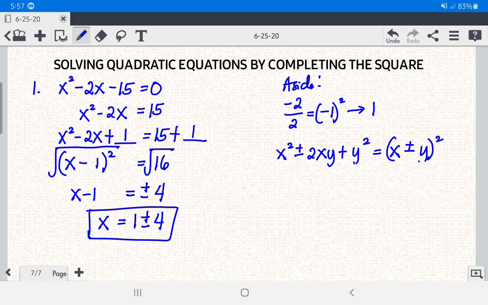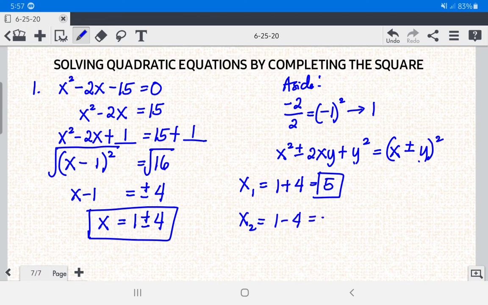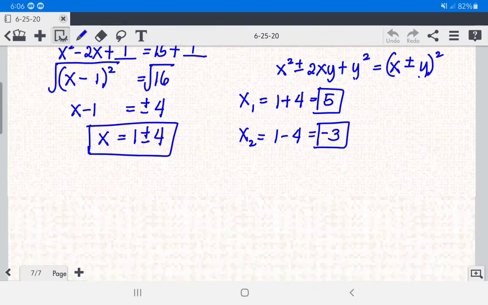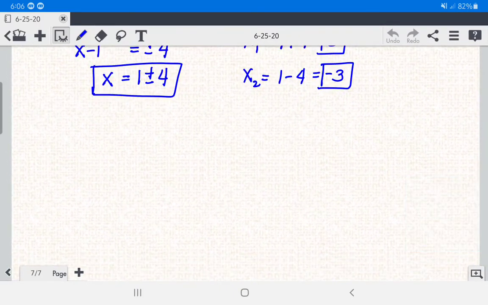To get the first root, or the first solution, we get 1 plus 4, which is 5. Then the second root, we have 1 minus 4. This is negative 3. So we're going to check it to know if they are really the solutions of the equation. Okay, let us check.